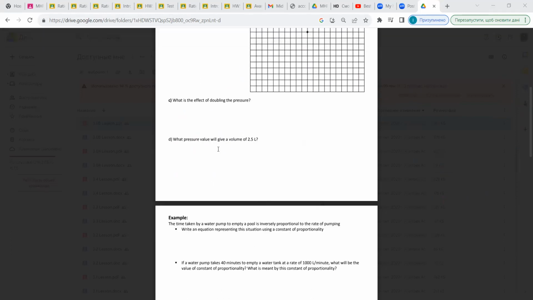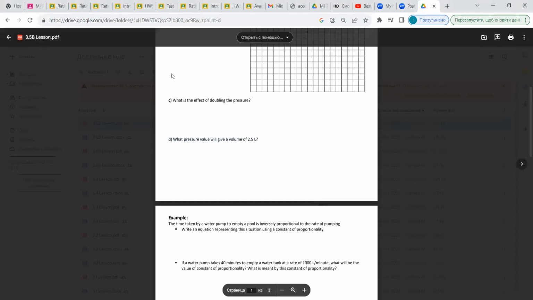I want you guys to answer this question on the desk. D. What pressure value will give a volume of 2.5 liters? As we did with volume with respect to pressure, now just show me the inverse relationship. How would the pressure change with respect to volume?